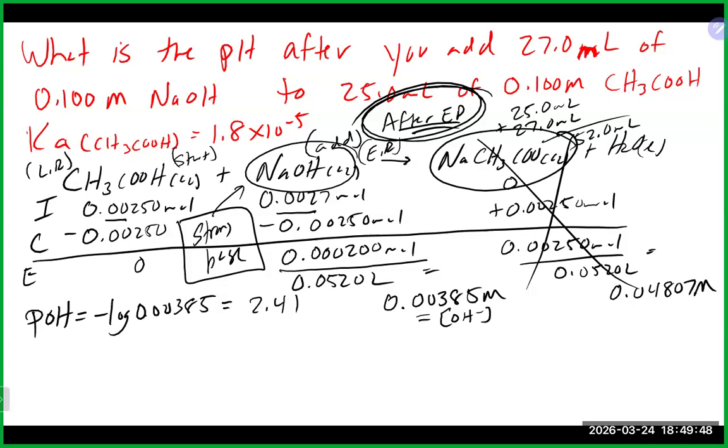Again, if for some reason you thought that was the pH value, it should not make sense to you because you're definitely at the end of your titration and you're dumping nothing but base in there. So you should have a basic pH. So 14 minus that should bring us into a basic pH of about 11.59, which is definitely basic in this particular case.